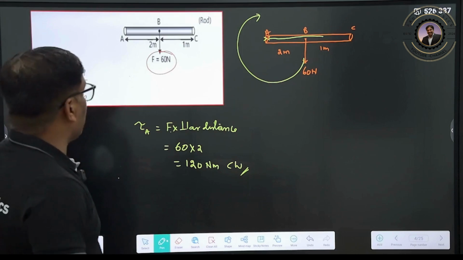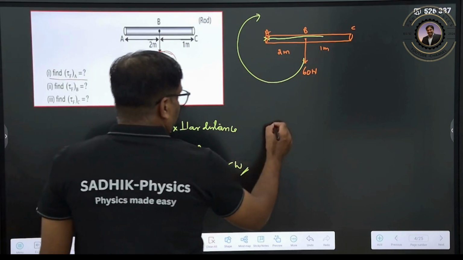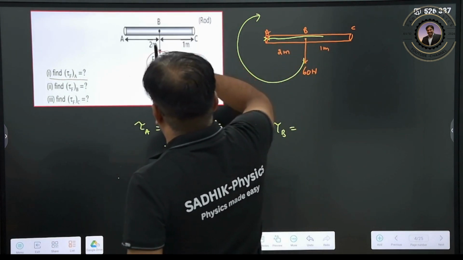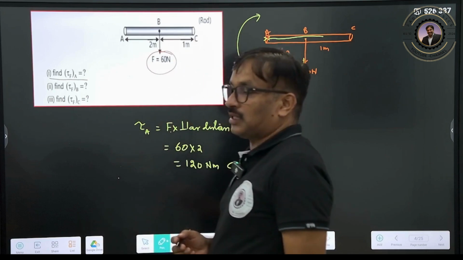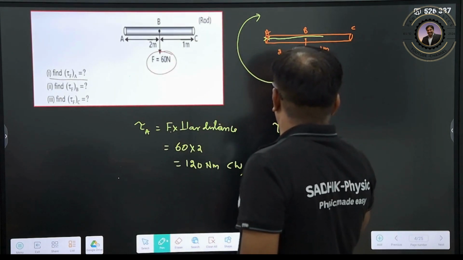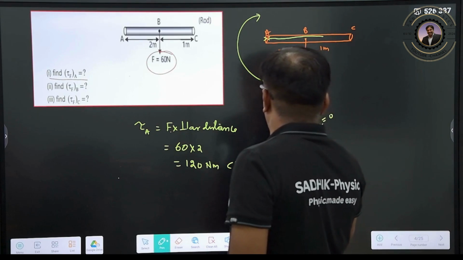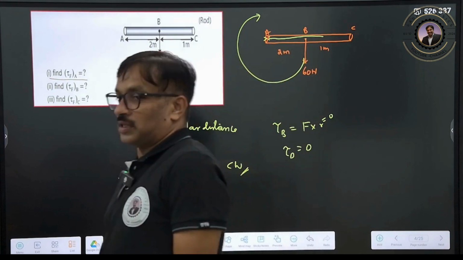Clear? Now what will be the torque at B? At this point the force acts directly, there is no r distance, so the perpendicular distance is 0. Therefore torque at B is equal to 0.